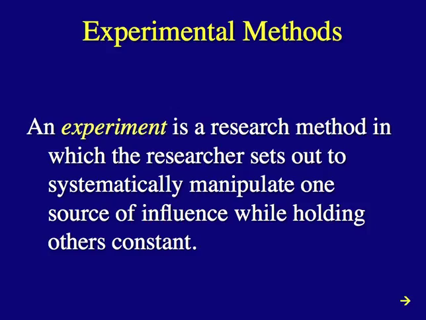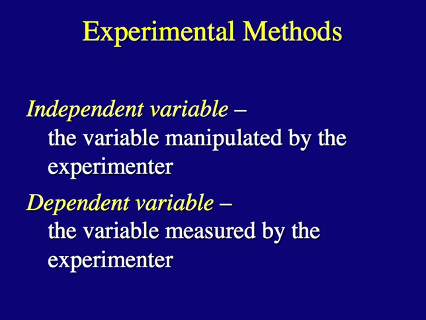Experimental methods, as I said, allow us to more carefully observe social behavior, and in that observation be able to make cause and effect conclusions about the relationship between variables. So we systematically manipulate one source of influence while ensuring that all other possibilities that could influence the behavior are held constant. So in an experimental approach, we have an independent variable.